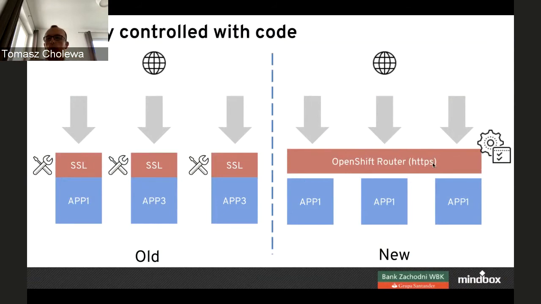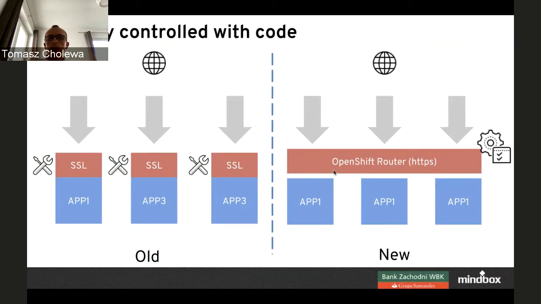So we exposed only the HTTPS interface, no plain text traffic using HTTP. And there was some misconfiguration in the OpenShift router regarding HSTS configuration. Fortunately, it was a matter of minutes to fix it.